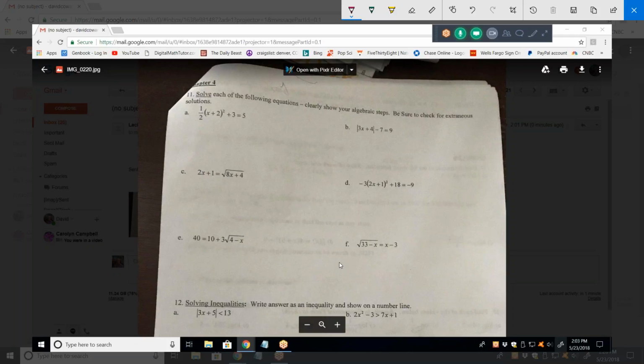Give me the next line. 33 minus x is equal to x squared minus 3x minus 3x plus 9. What are we looking at? A quadratic. How are we going to solve it?